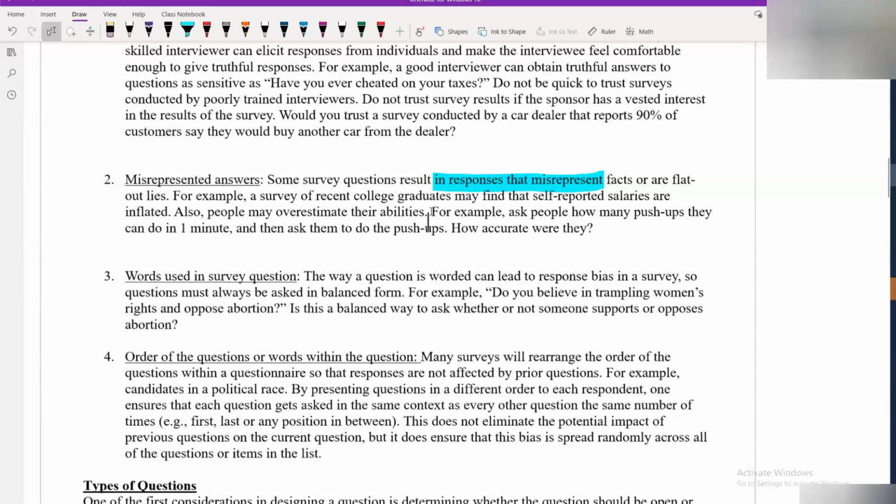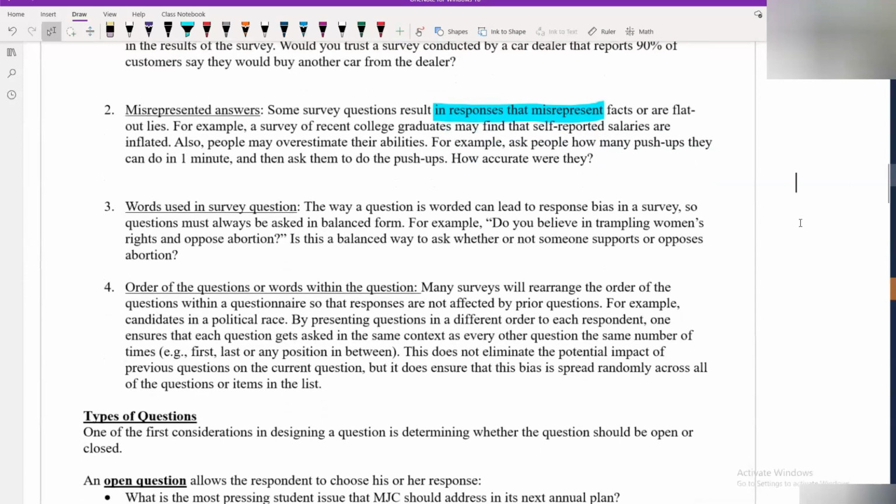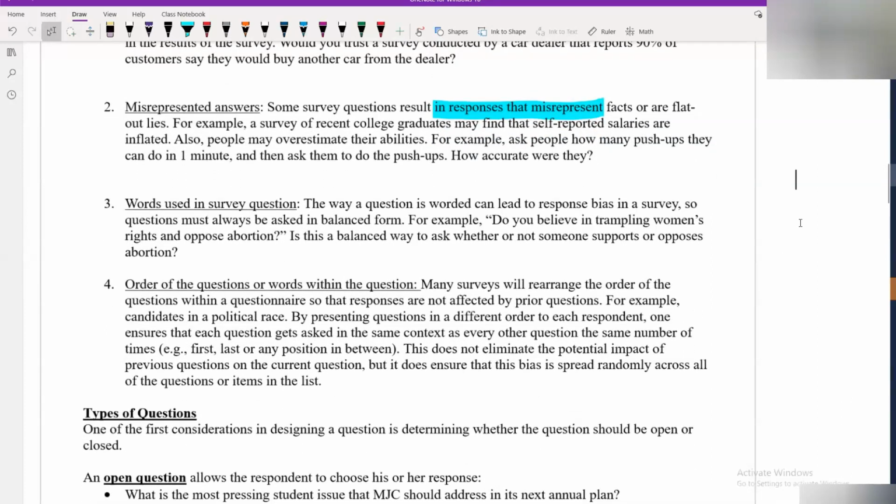So we cannot trust these. That's misrepresented answers. Number 3, words used in survey questions. The way the question is worded is very important.